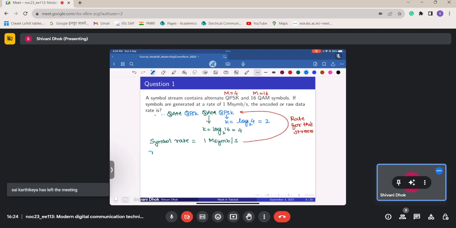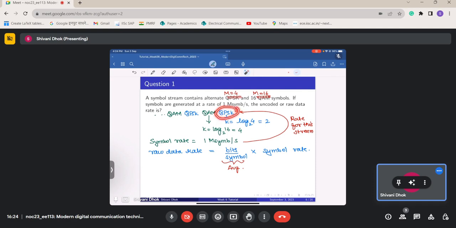So this raw data rate is basically bits per symbol multiplied by symbol rate. And this is an average, because the length of the bit stream is changing with each symbol that I'm transmitting. This QPSK has 2 bits, this QAM has 4 bits.